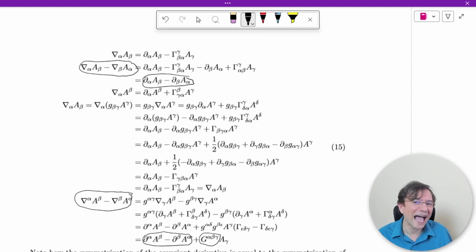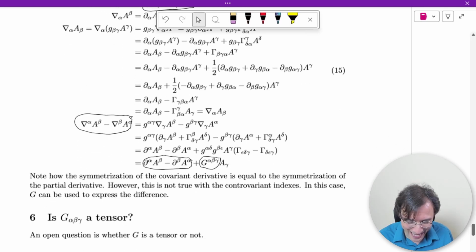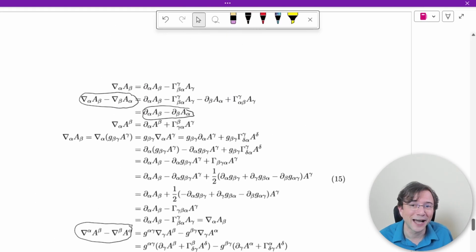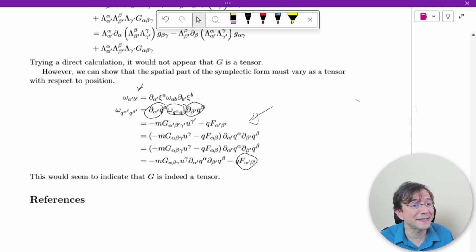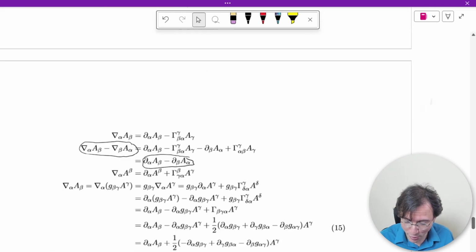So I would think that it's picking up some geometric information, but again, I don't know exactly what it is picking up, and it would be interesting to know. So that's it for this mysterious expression.